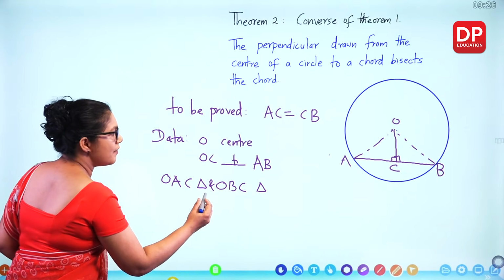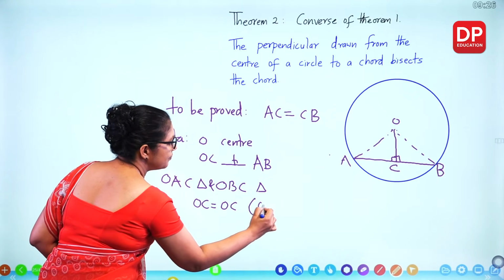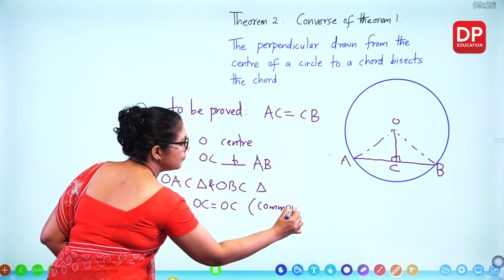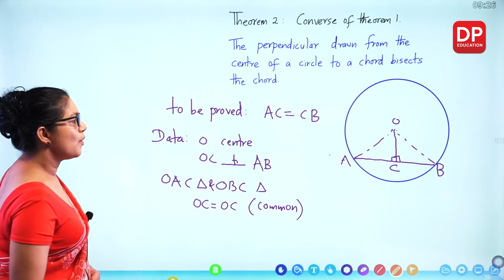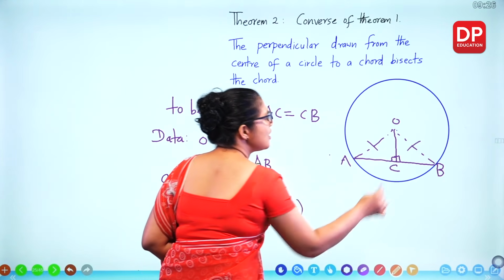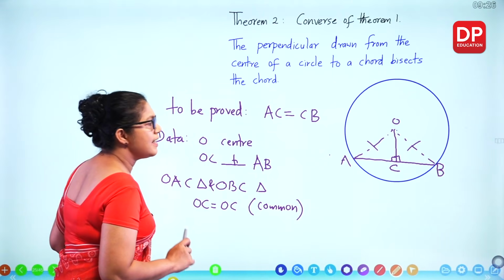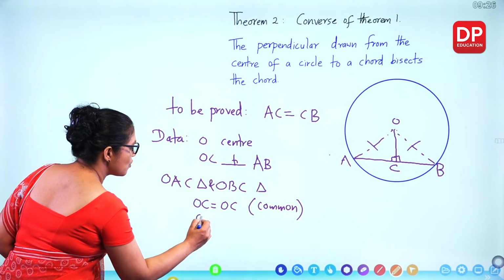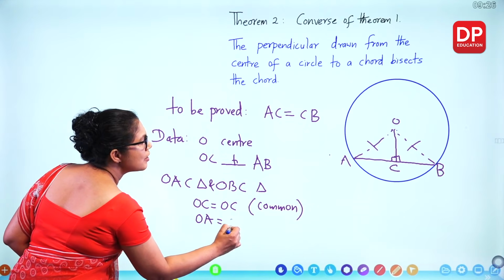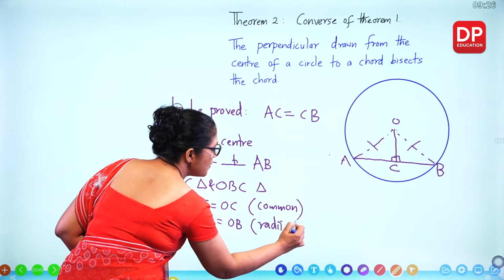We know that OC is common. And what else do we know? We know this is equal to this one. What's that? Those are radii of the same circle. So OA is equal to OB. Those are radii of the same circle.